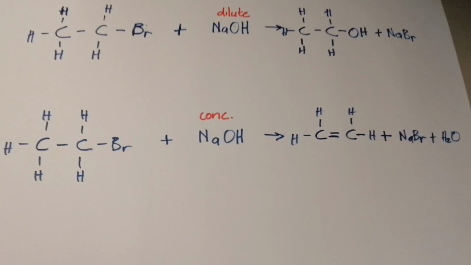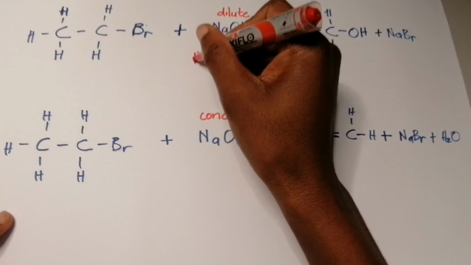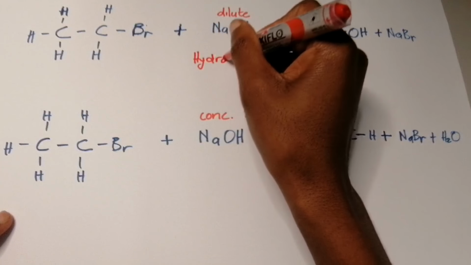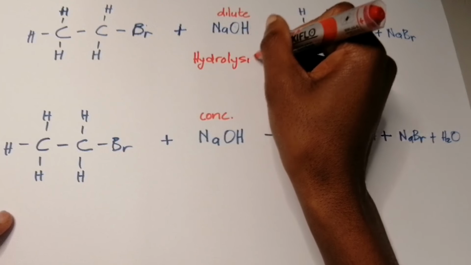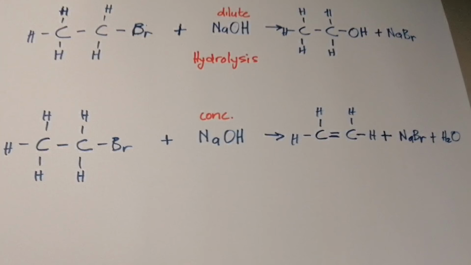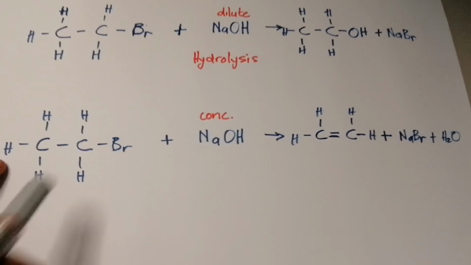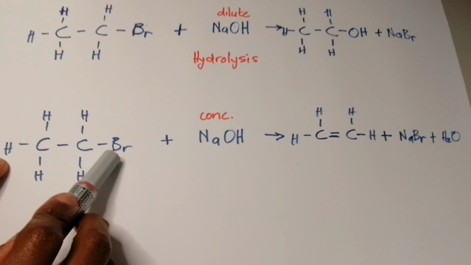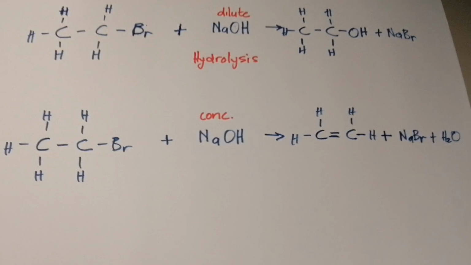By the way, they call this hydrolysis, right? So they call this a hydrolysis reaction, okay? Right, so this would be an elimination reaction. And what did we remove? We removed the hydrogen and the bromide. So in this case, this would be dehydrohalogenation once again.